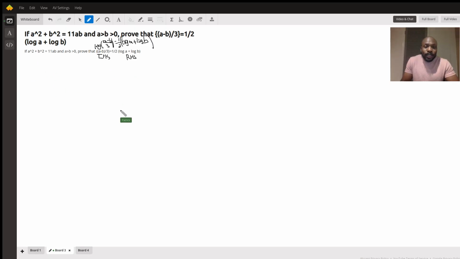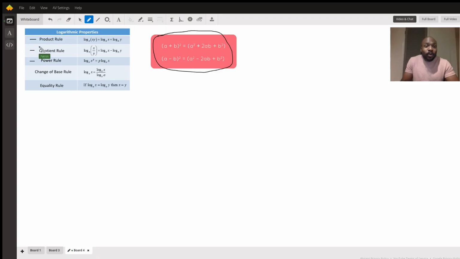The reason I say that is we can right away clean it up using the product rule. The product rule says that the log of a product is equal to the sum of the individual logs. So we're going to use it to rewrite the right-hand side.